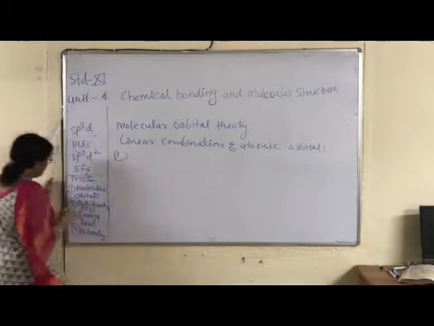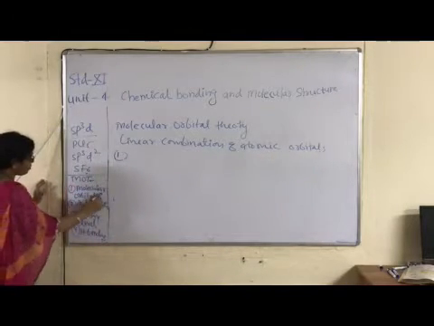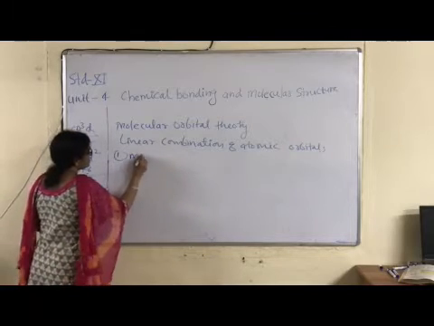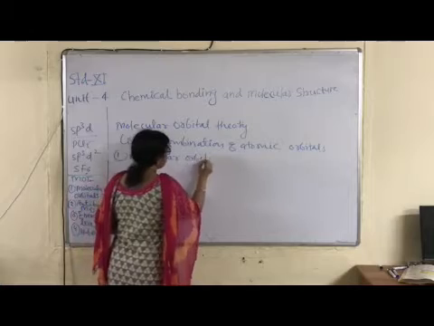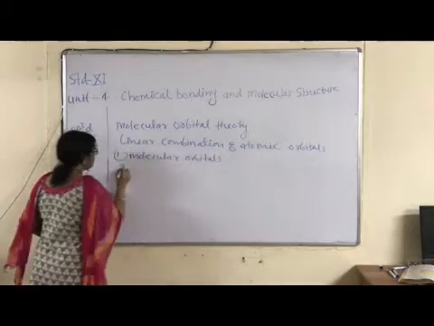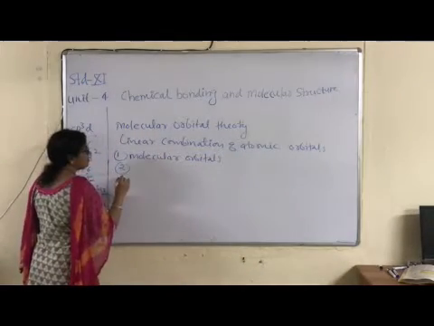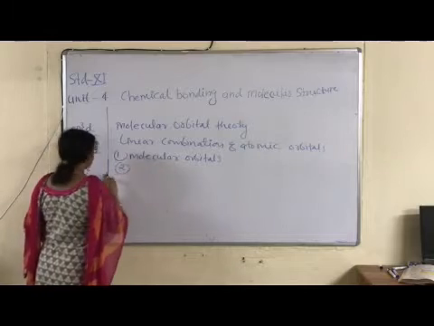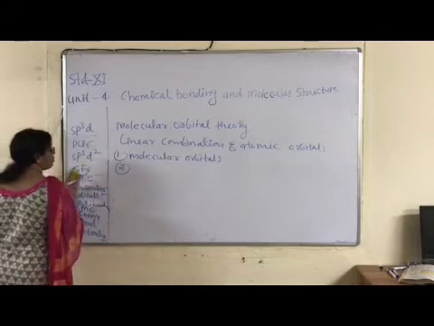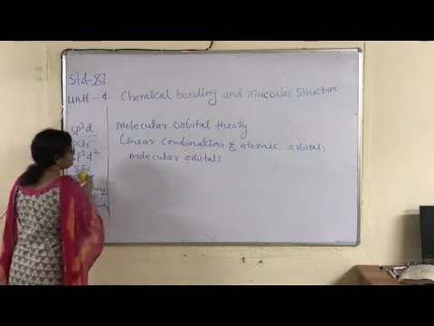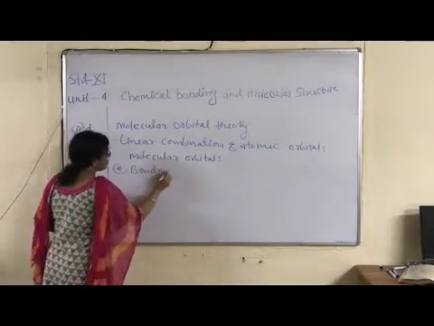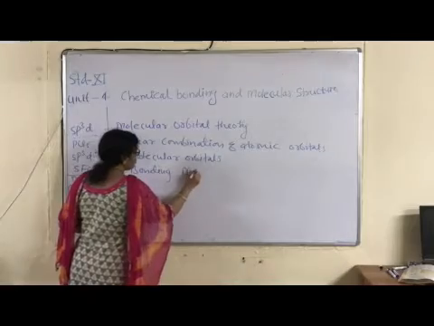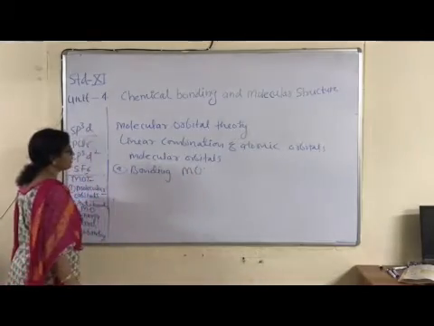Okay, children. In this case, formation of two types of molecular orbitals. First bonding and second is anti-bonding. Bonding molecular orbitals, right?